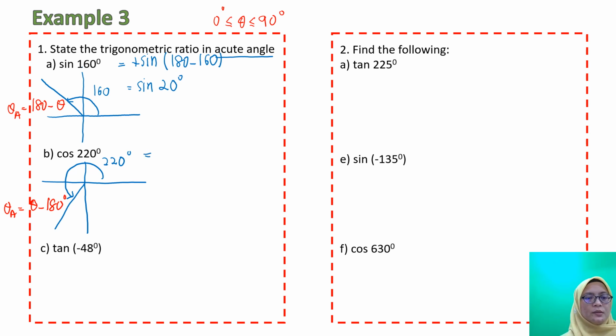Okay, so third quadrant only tangent is positive. So means that sebab ini cos, so dia akan jadi negative cos. So theta is 220 minus 180. So kita akan dapat negatif cos 40.